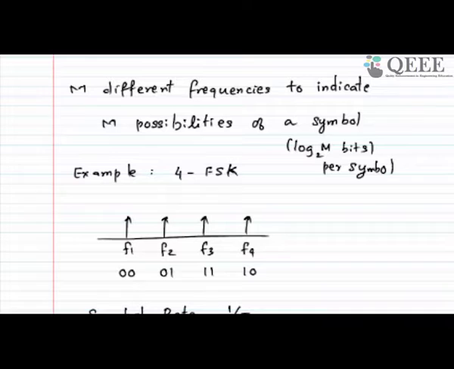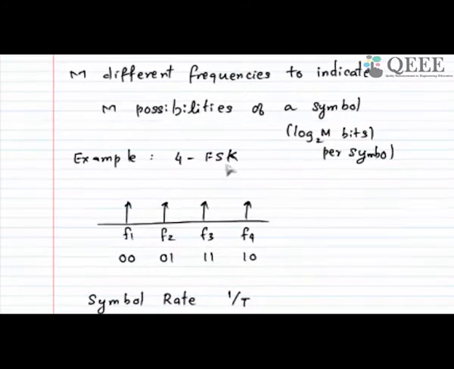In this example, I am considering a constellation of size 4, called 4-FSK, and we have four frequencies F1, F2, F3, F4, and depending on the bit value, you send one of these frequencies.